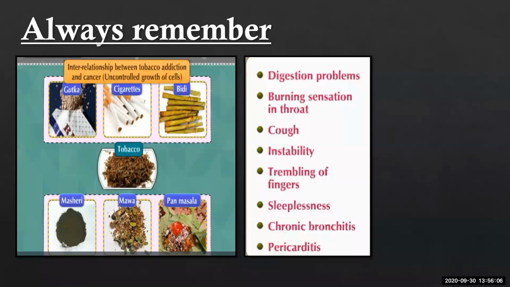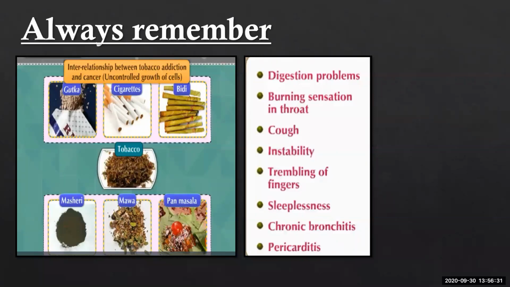So these are the things that can happen because of tobacco: digestion problems, burning sensation in the throat, cough, instability, trembling of fingers, sleeplessness, chronic bronchitis, and pericarditis.